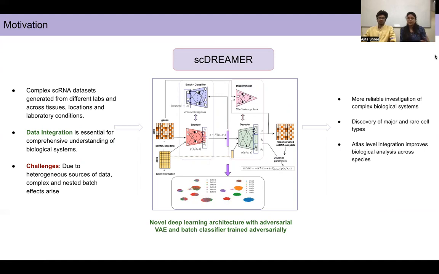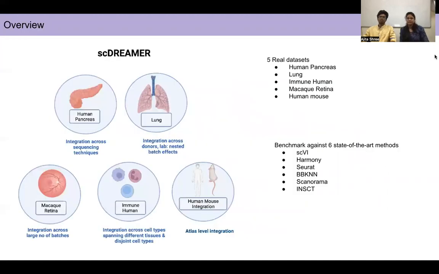So today we are presenting our method for data integration of single cell data, which is a novel deep learning architecture with adversarial VAE and a batch classifier. scDREAMER was tested against 5 real datasets: human pancreas, lung, immune human, macaque retina, and human mouse. Each dataset has its own challenges.